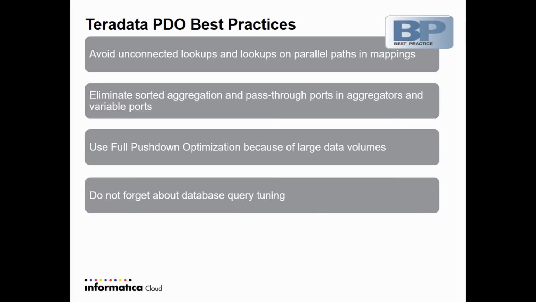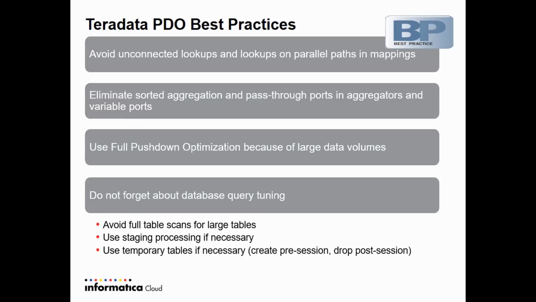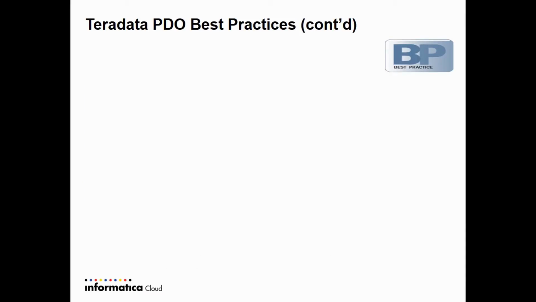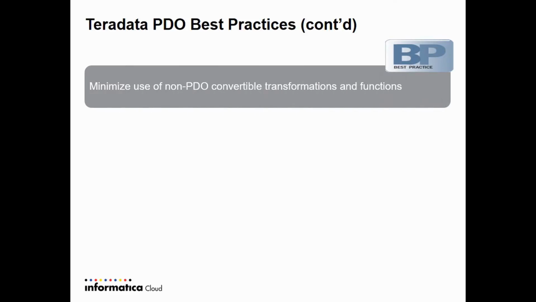A few other points to remember are: avoid full table scans for large tables. Use staging processing if necessary. Use temporary tables if necessary. Validate use of primary and secondary indexes. Some more best practices to consider: you should minimize use of non-PDO convertible transformations and functions, since this will prevent the transformation logic from being completely pushed to the database without using a SQL override.